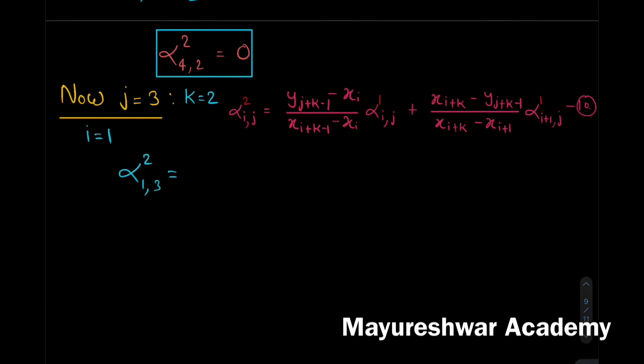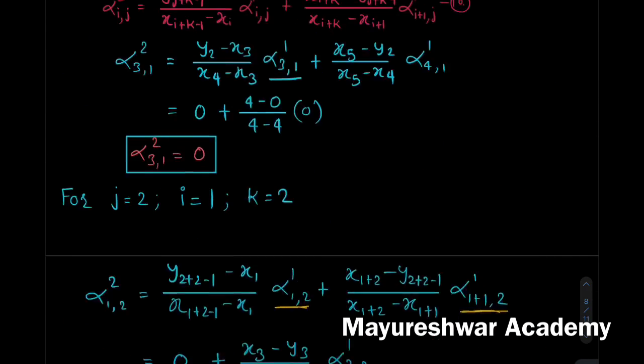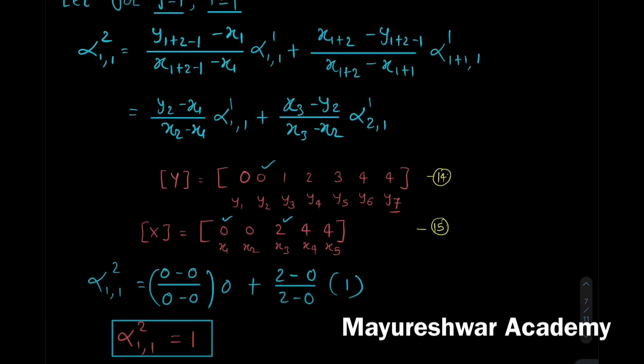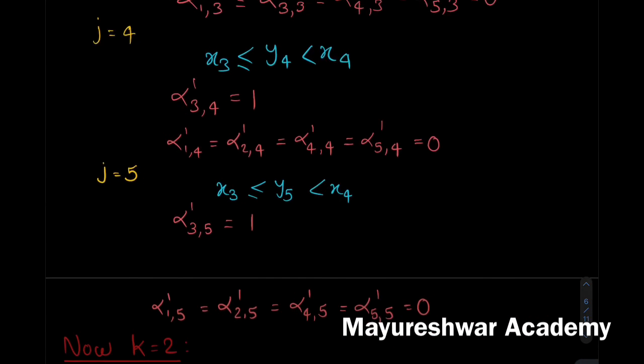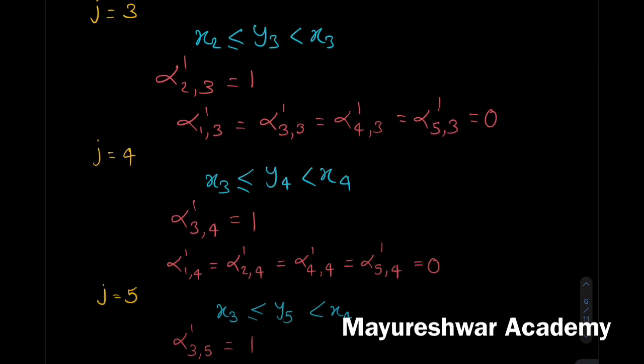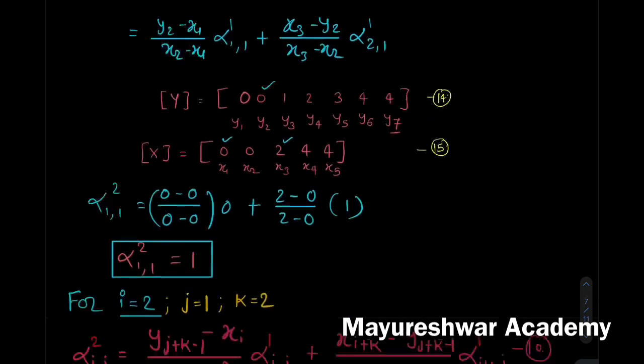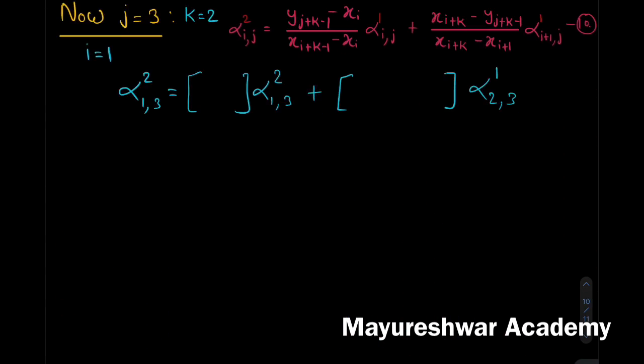Let us first of all write down alpha terms. Alpha 1 3 some bracket multiplied by alpha 2 3. Let us check first of all whether these values are present or not. We are into j 3, so alpha 2 3 is unity, but 1 3 is 0, 3 3 and all comma 3 are 0.